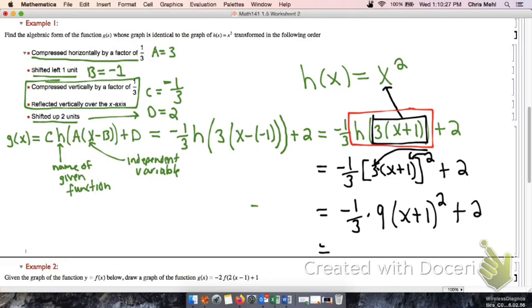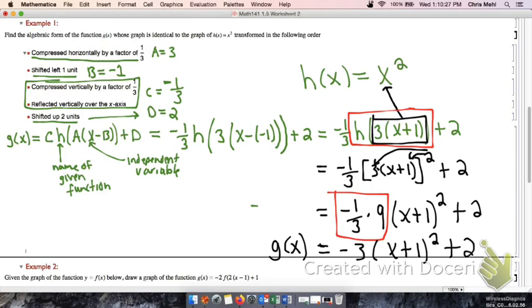And finally, the last step: I can multiply this -1/3 times 9, which gives me -3. So at the end of the day, the function obtained by transforming h would be -3 times x plus 1 squared plus 2.